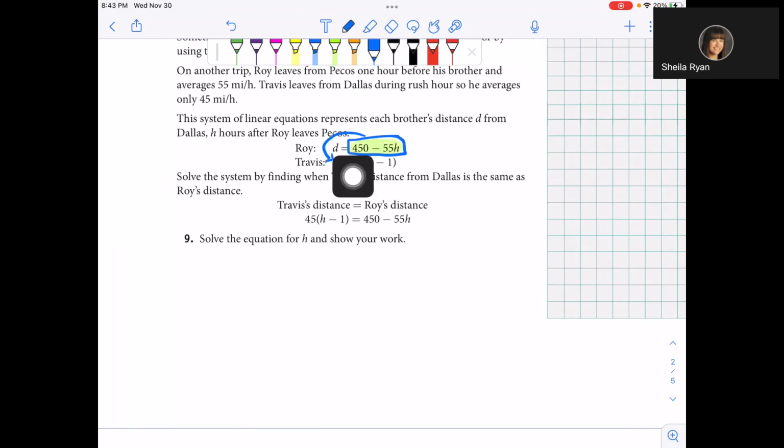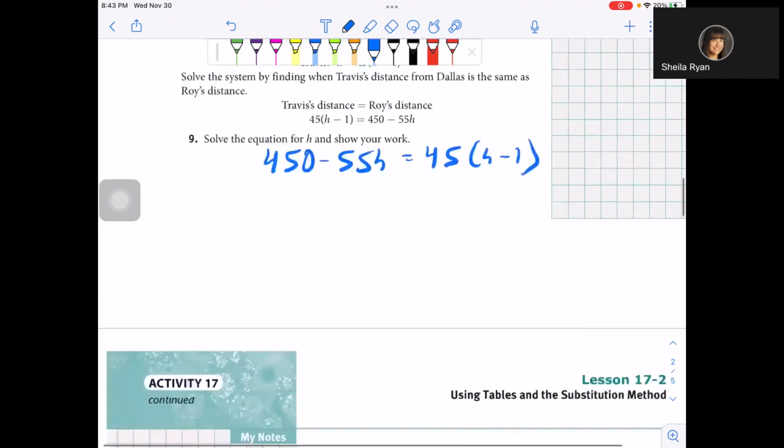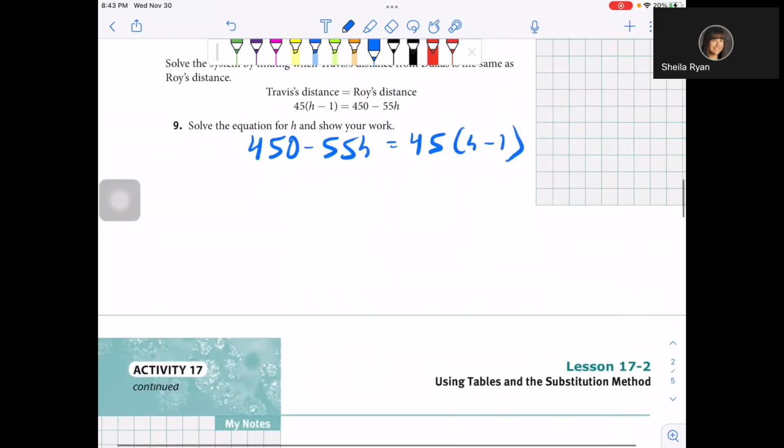And so what you end up with is 450 minus 55h equals 45 times h minus 1. On Friday, we're going to be doing a lot of practice of these substitution problems. We won't be learning anything new on Friday, so we'll just jump into the algebra now of solving this equation.